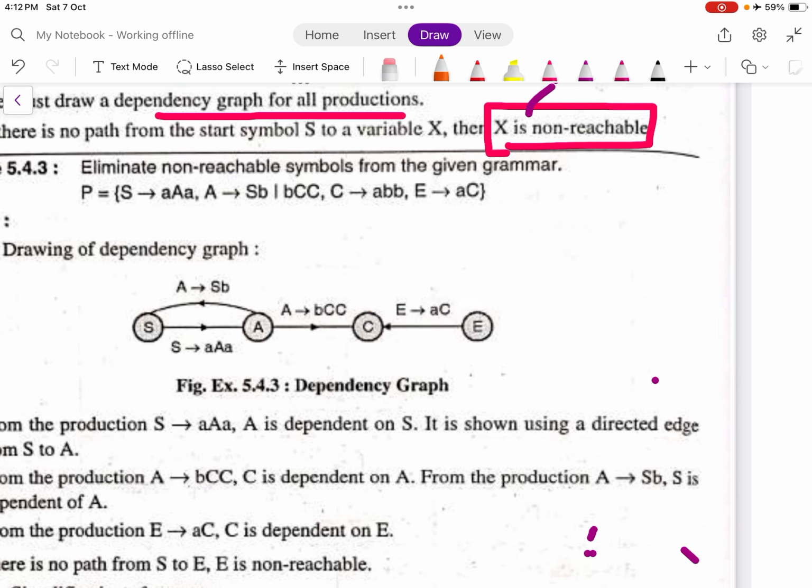So let's check the dependency graph first. S is AS, A is A. Then from A you can derive capital C. From E you can derive AC. So the arrow will be this way. What is given?